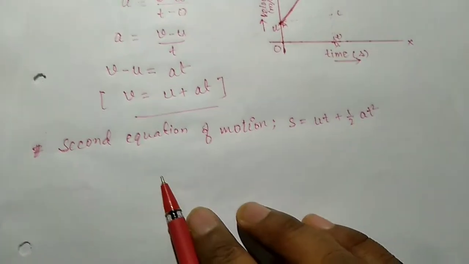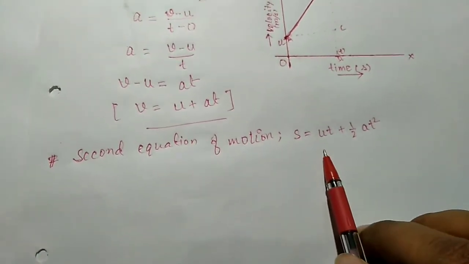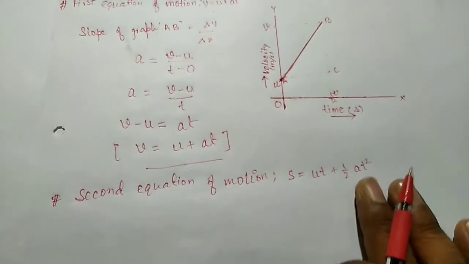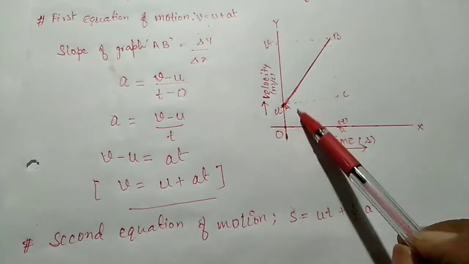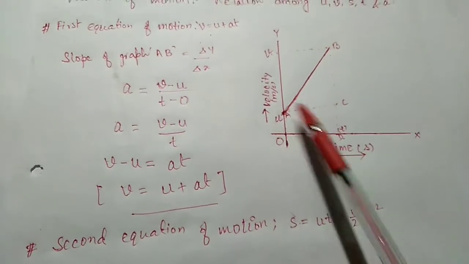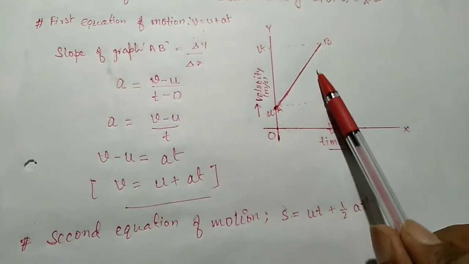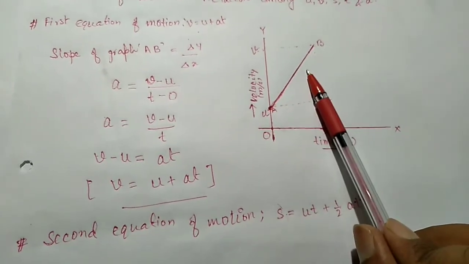Now see the second equation of motion, that is s is equal to ut plus half at square. If you remember, from the velocity time graph, if we calculate the area covered by this graph, it will give you what?